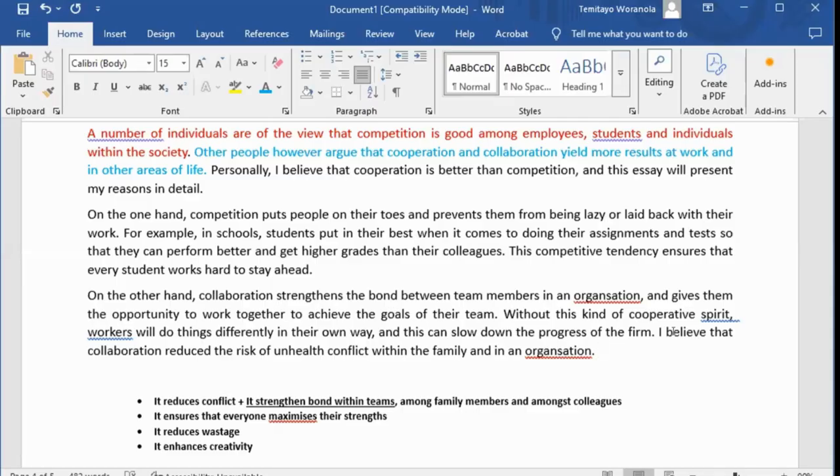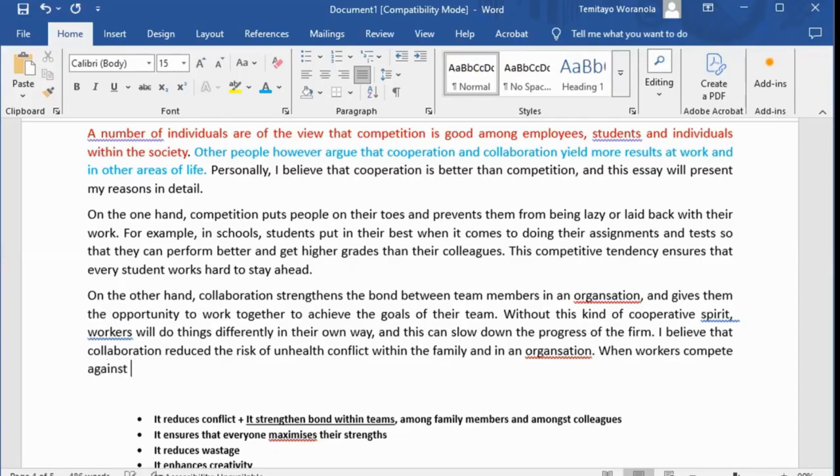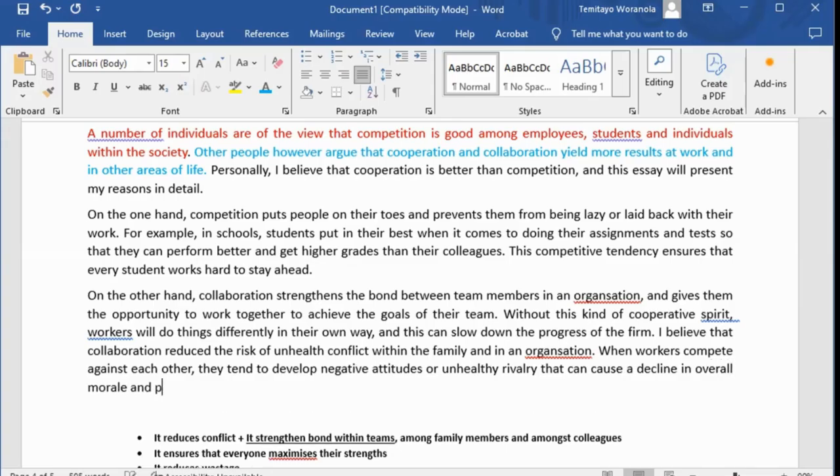When workers compete against each other, they tend to develop negative attitudes, and negative attitudes or unhealthy rivalry can cause a decline in overall morale and productivity.